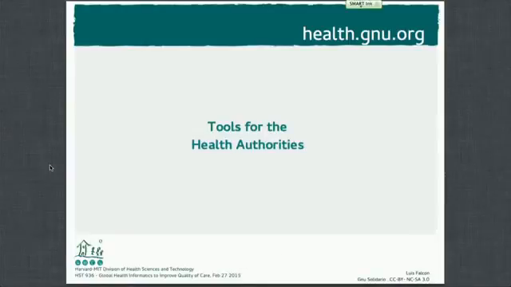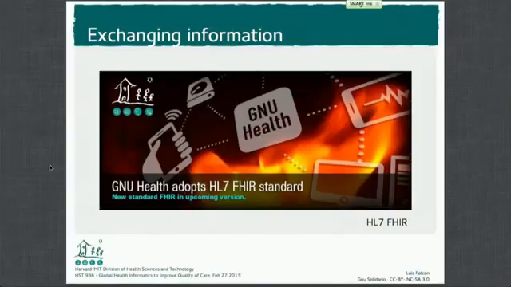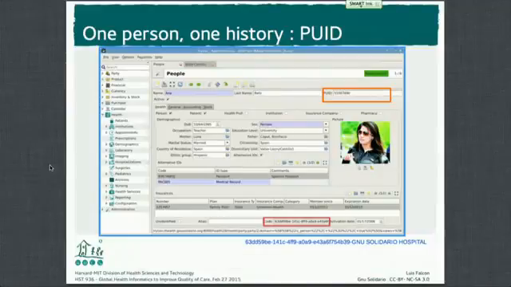And finally, now that we've been working with the person, the house, the family, the institution, we have to make sense of all that data that has been put around. And that's where we first of all have to come to some sort of standards. In this case, we are using HL7 FHIR for the possibility of linking together heterogeneous systems. Because GNUHealth system with GNUHealth system talk very well because they use the same protocols.